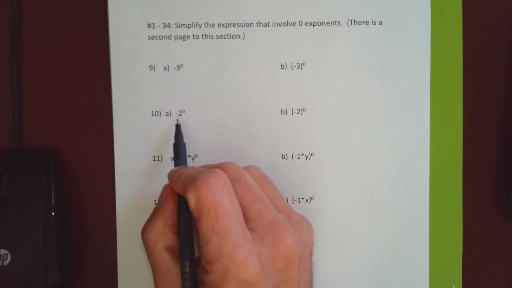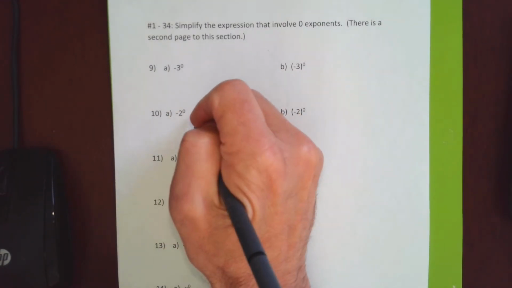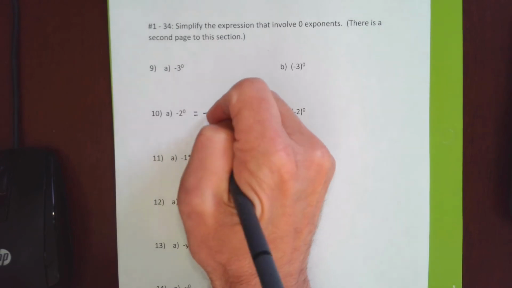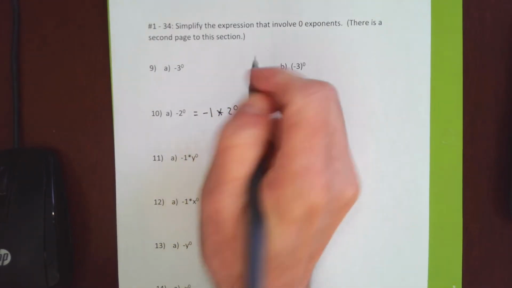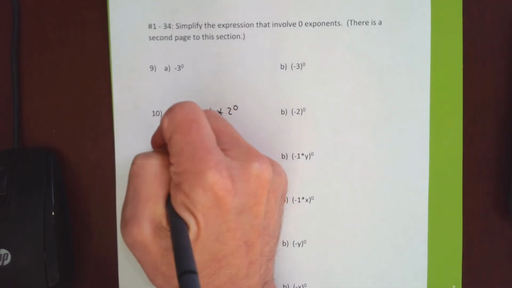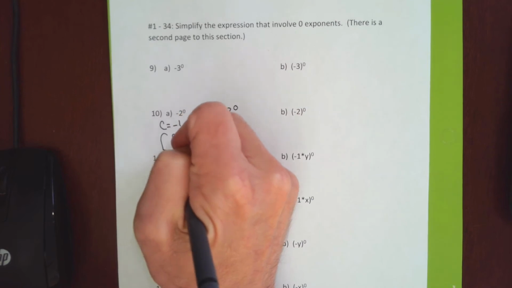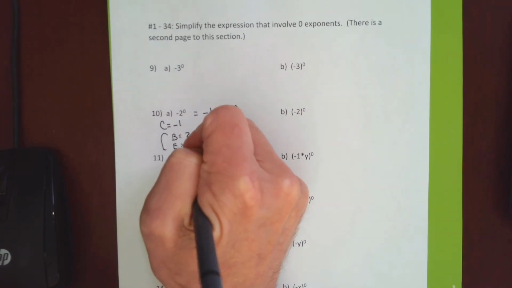If I look at number 10, this problem, number 10a, is really part A is -1 times 2 to the 0 power. There's a coefficient of -1. The base is 2 and the exponent is 0.